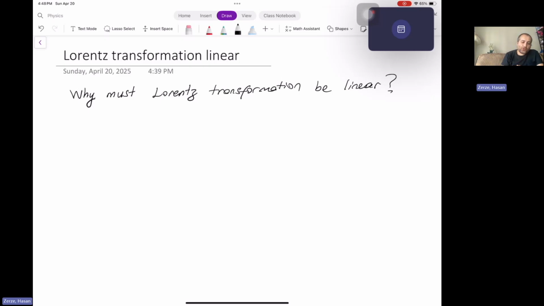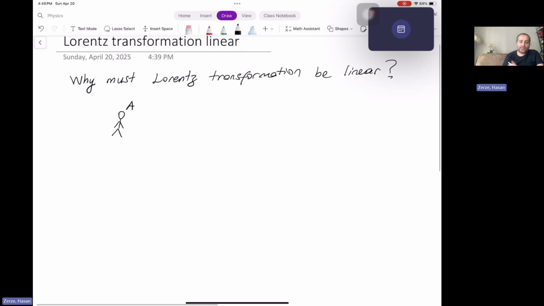So I would like to draw a person here, which represents the frame of reference A, and then say we have another person in the frame of reference B, and this frame of reference is moving with a speed of v along a certain direction.